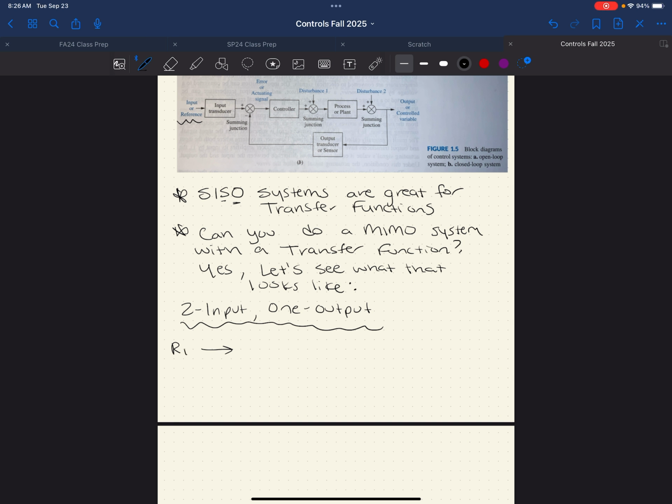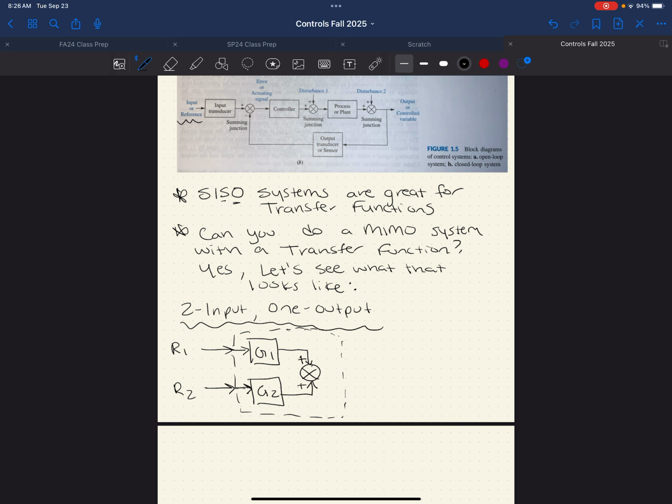I have an R1 of S and I have an R2 of S. We could say that my system, which is made up of subsystems, is actually the sum of R1 times some transfer function G1, R2 times some transfer function G2, and our output is just the sum of these 2 outputs.